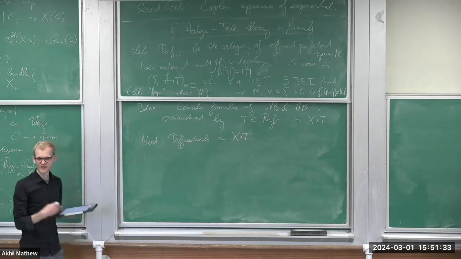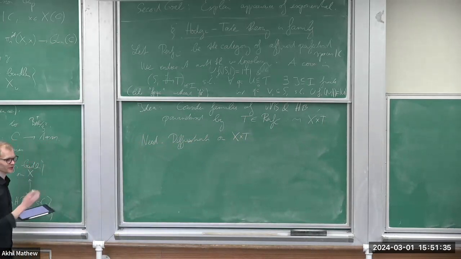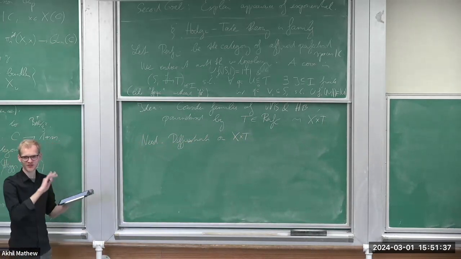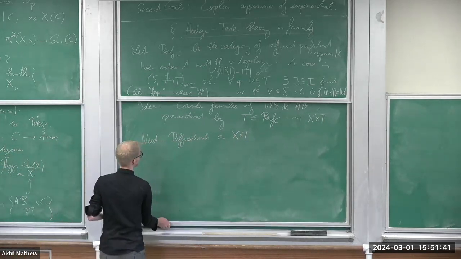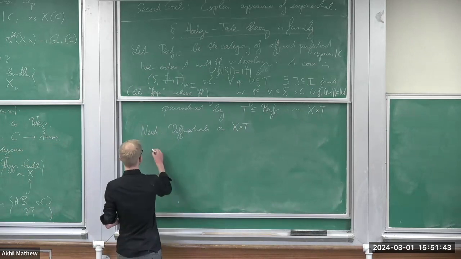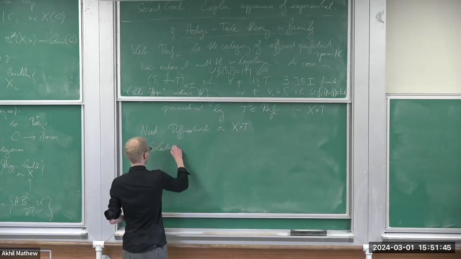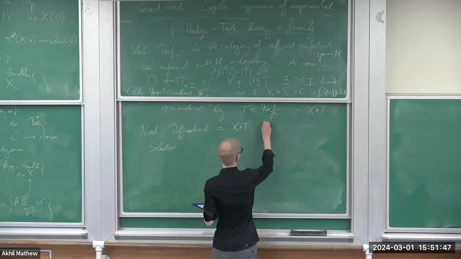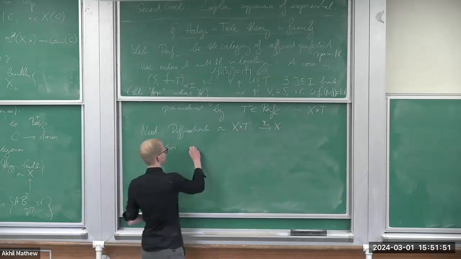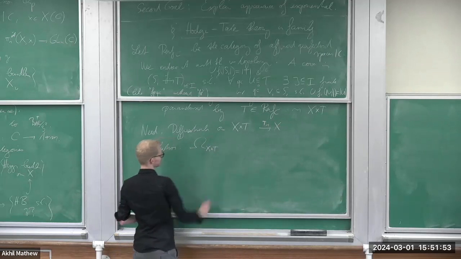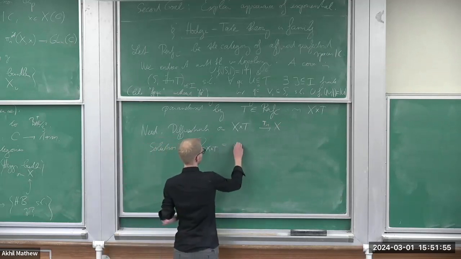There's a quick solution and there's a conceptual solution. So I'll just mention the quick solution and then say a few words about the conceptual solution. So consider the first projection and define the differentials on this to be the pullback.